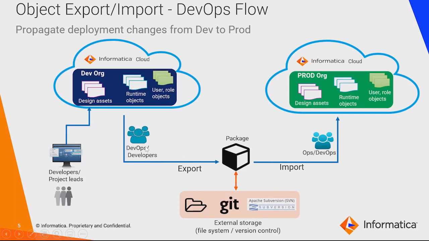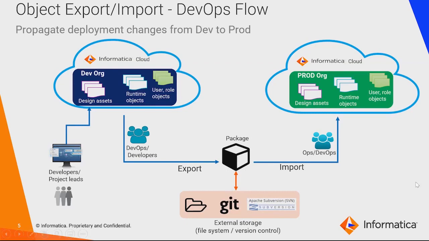Now, you would export the list of assets that needs to get deployed in a higher environment, right? So you export it, and then based on your external version control, you use Git or Subversion or Bitbucket or anything, right? So you do this check in, check out, and all those processes of version control managing.